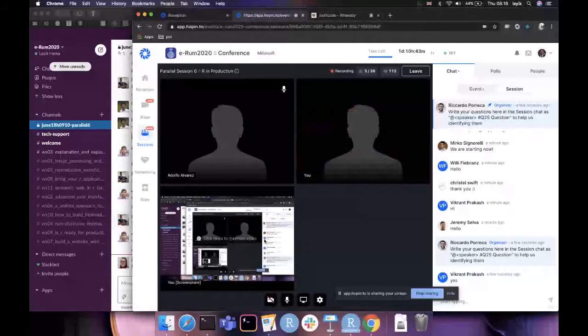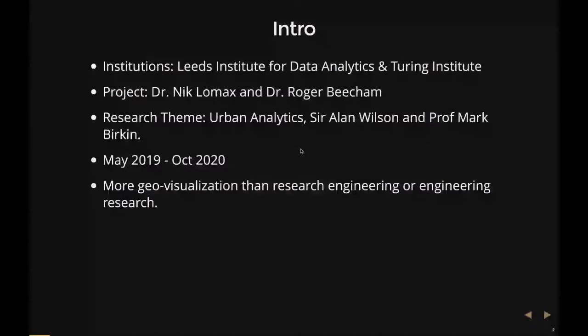I will be, first of all, introducing who I am, where I come from, and the team. So I am based at Leeds Institute for Data Analytics. As I was introduced, I am a software engineering graduate, but I did my PhD at Leeds, again, with a group who are still interested in virtual reality and visualization.